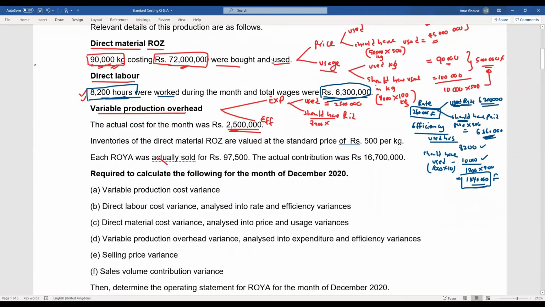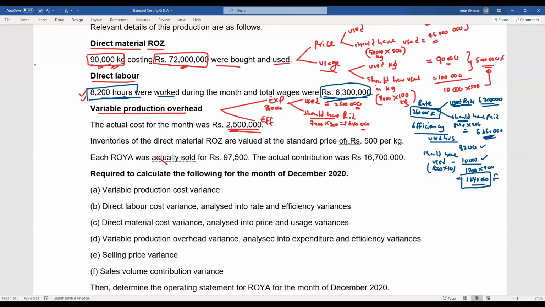So 8,200 times 200 will be 1,640,000. We paid 2.5 million, whereas we should have paid 1,640,000. So the difference is 860,000.